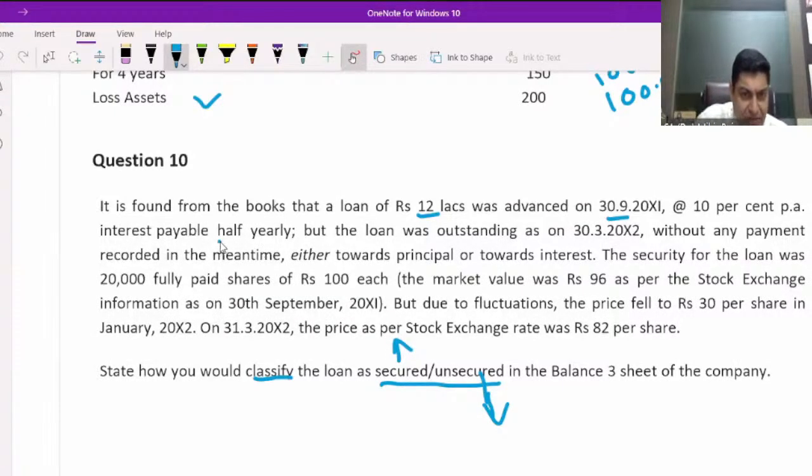Interest is payable on a half-yearly basis. But the loan was outstanding as on 30th March 2012 without any payment either towards principal or interest.